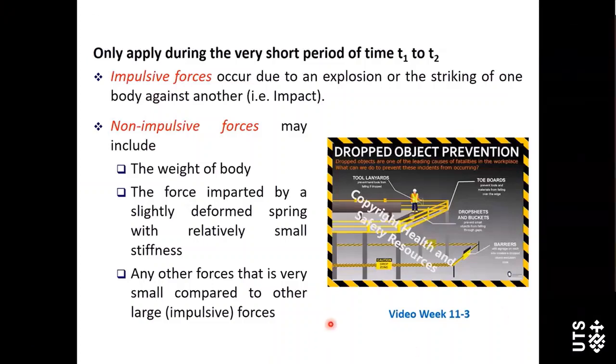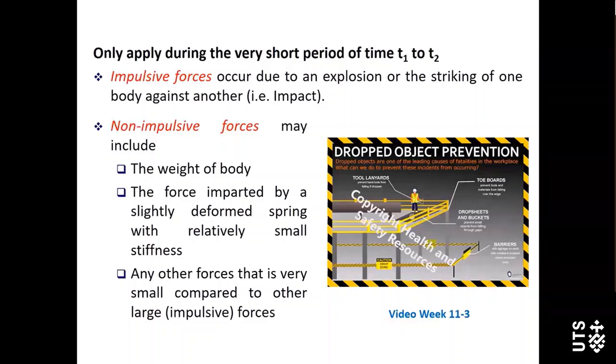Please note here, we are talking about a very short period of time, for example, from T1 to T2. Impulsive forces occur due to, for example, an explosion or the striking of one rigid body against another one.